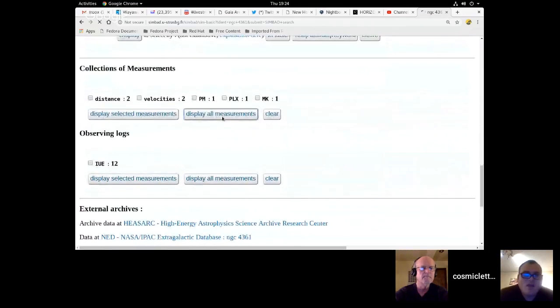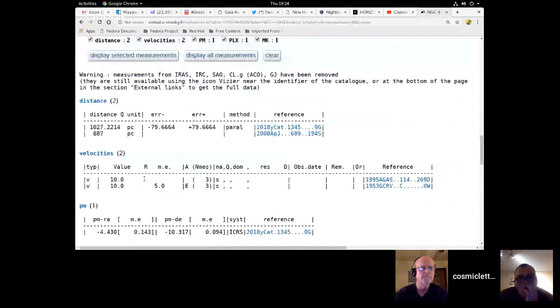Let's take a look. So, yeah, relatively good agreement. It's a couple of hundred parsecs difference there, but let's take the average of that, right? It's something like 900 parsecs.